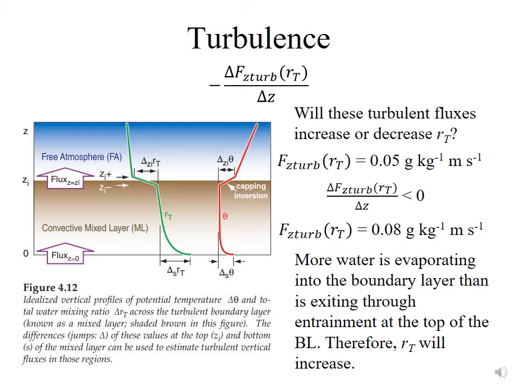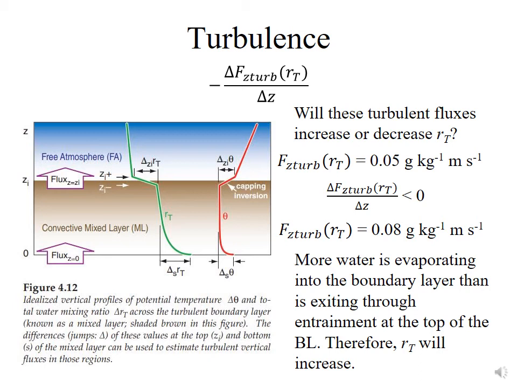In contrast, over on the left side, we have this green line, which is our total water mixing ratio. For the most part, the free atmosphere is fairly dry compared to the surface for most surfaces. And in general, the flux of water from the surface due to evaporation is going to dominate this scenario.